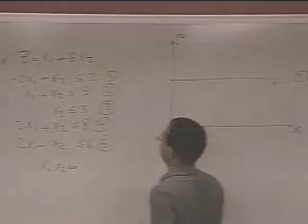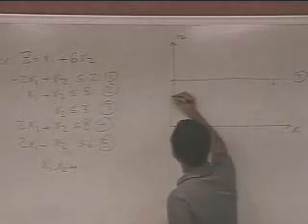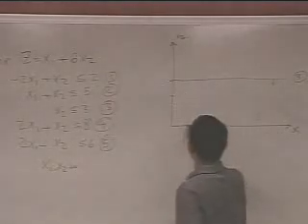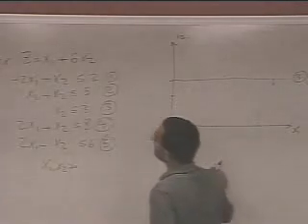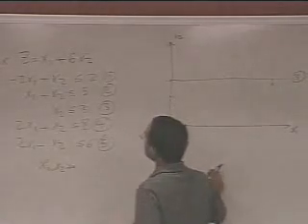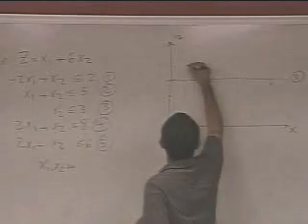If we put x1 equals to 0, x2 would be 2. And then 1, 2, 3, 4, 5. I put x1 equals to 1, then this should be 4, somewhere here.